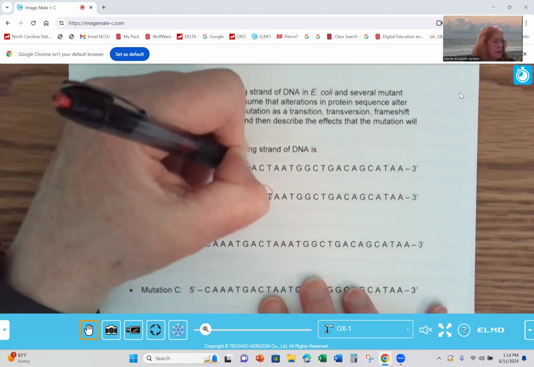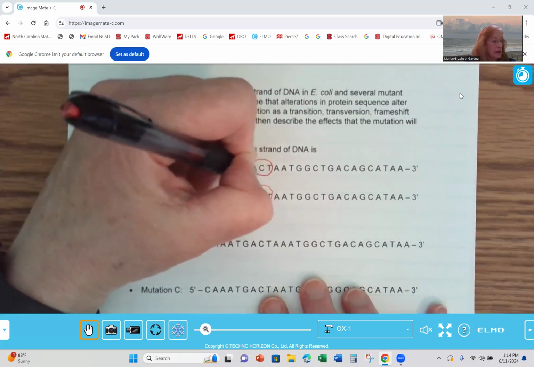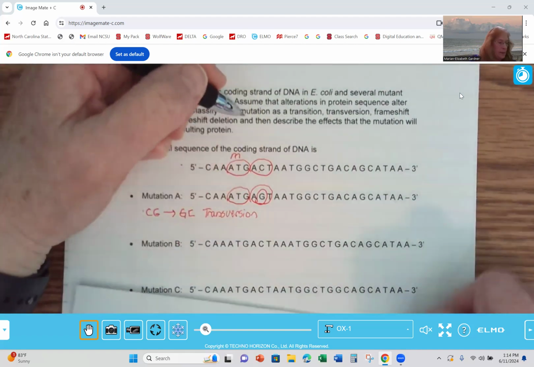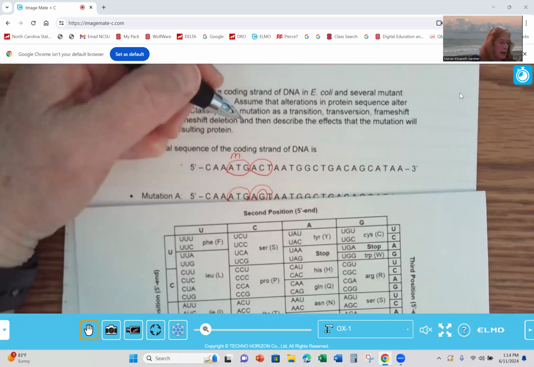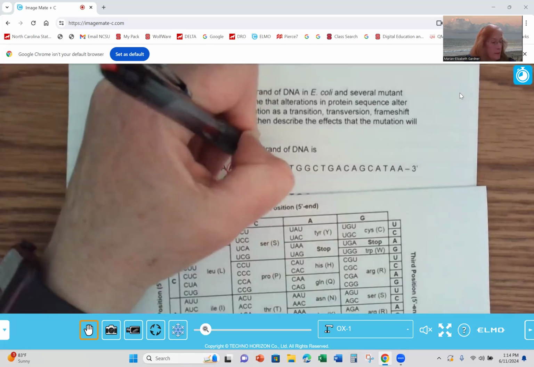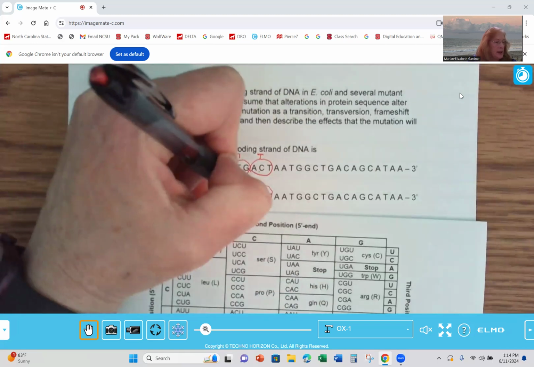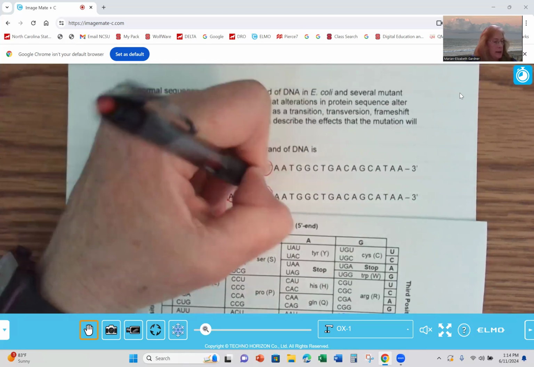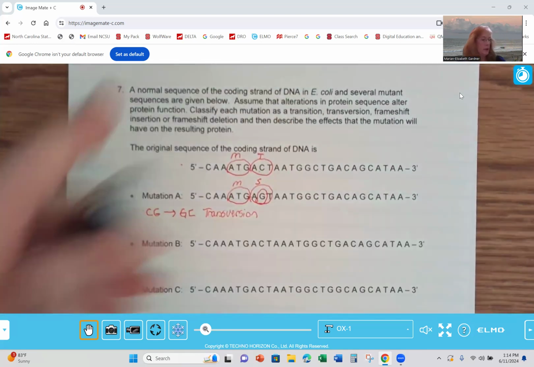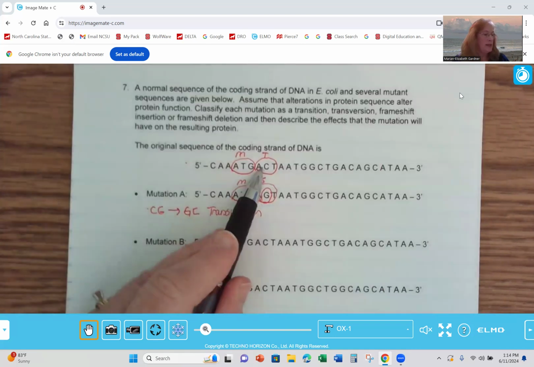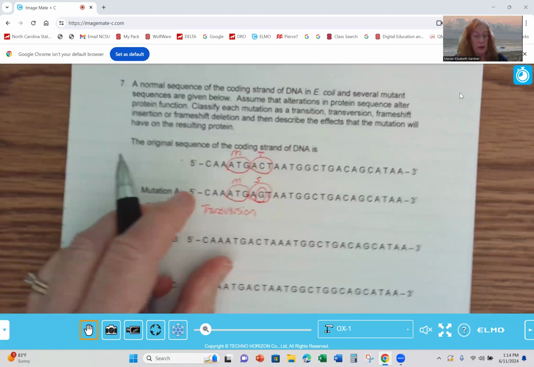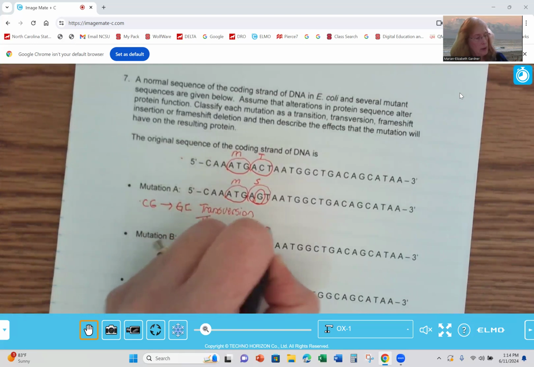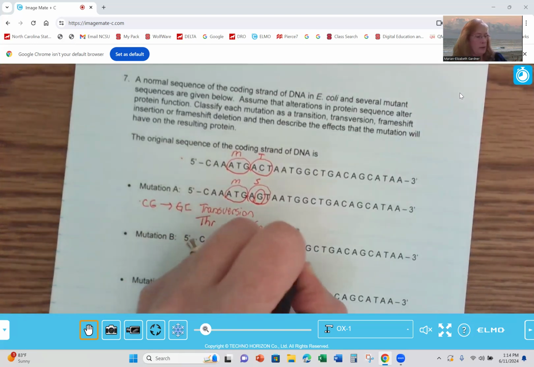AUG is methionine. ACT, which is like ACU, is threonine. And this is, again, methionine. AGU is serine. So at the protein level, we substituted a serine where there used to be a threonine.